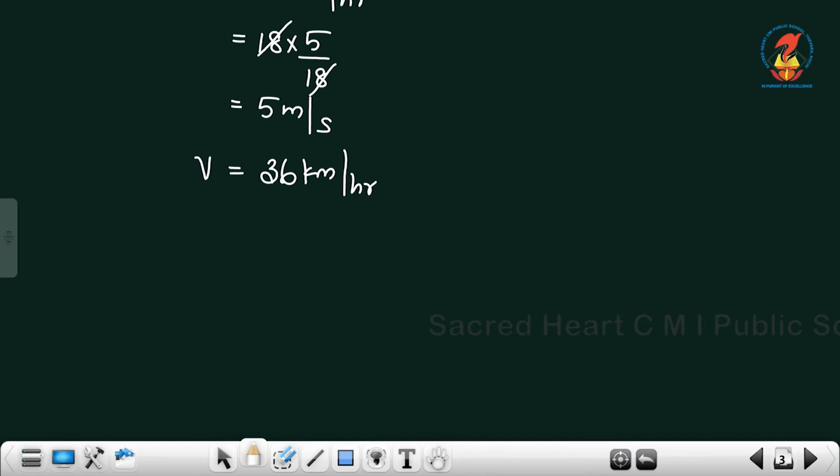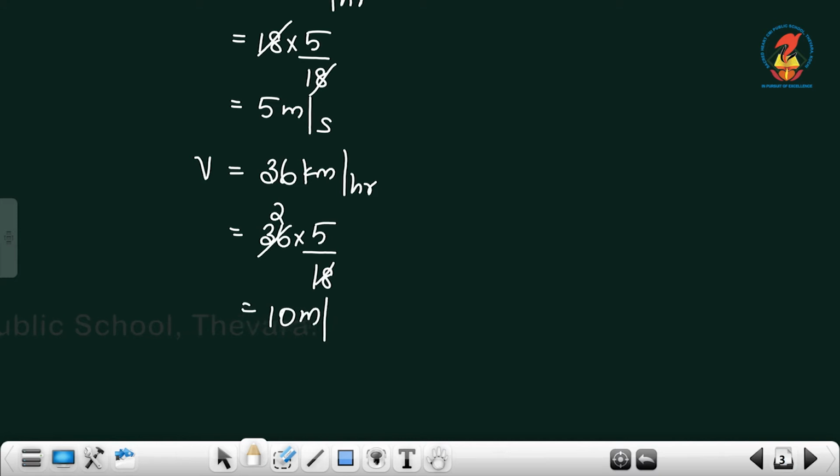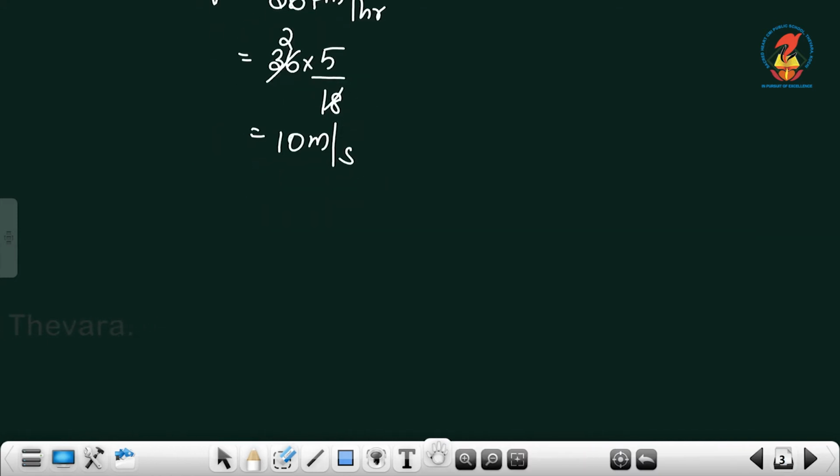That is 36 into 5 by 18. So, 18 will go 2 times in 36. So, 2, that is 10 meter per second. Then time you got it as, what's the time? 5 seconds.